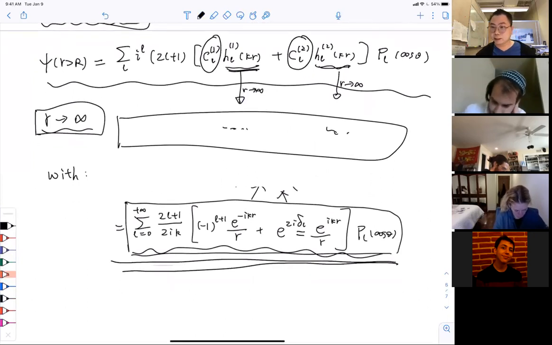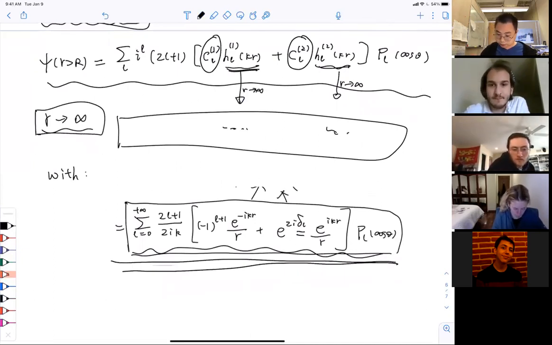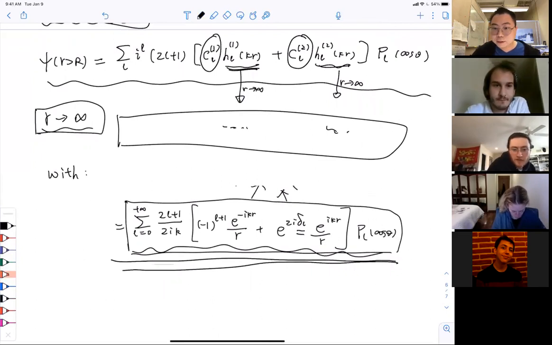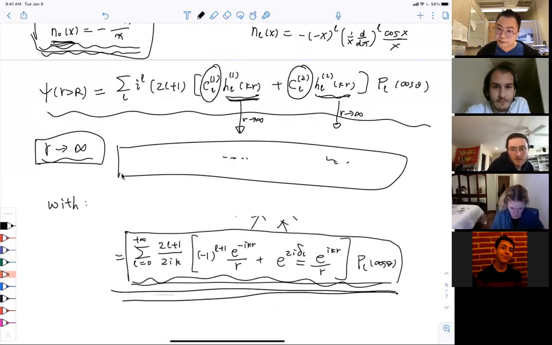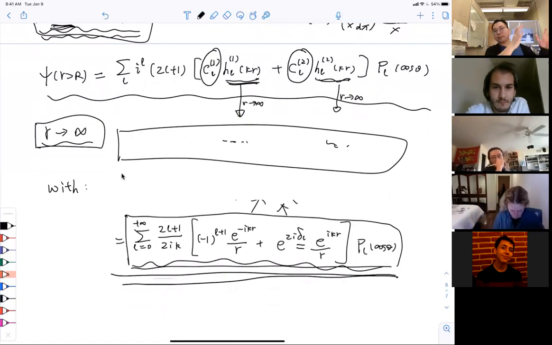Is the general philosophy here clear? The reason this works is because the function that we calculated previously was already assumed for r at infinity. Exactly, yes. From physics, we know how the wave function looks at infinity, and we introduce delta L, the phase shift.